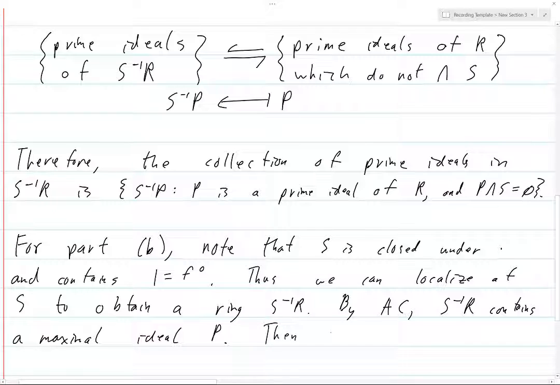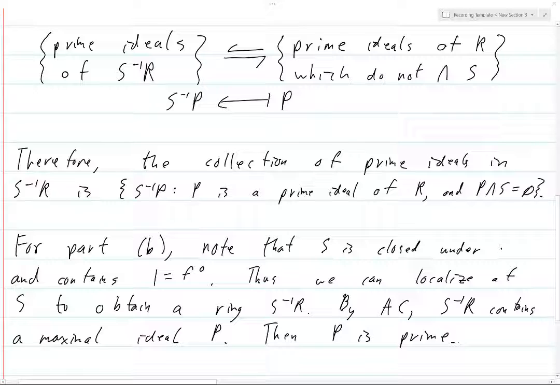Then P is prime. And this is a basic fact about rings, that maximal ideals are prime. And I think the proof is a paragraph long or so, just a couple of lines, and you basically do an elementwise argument.